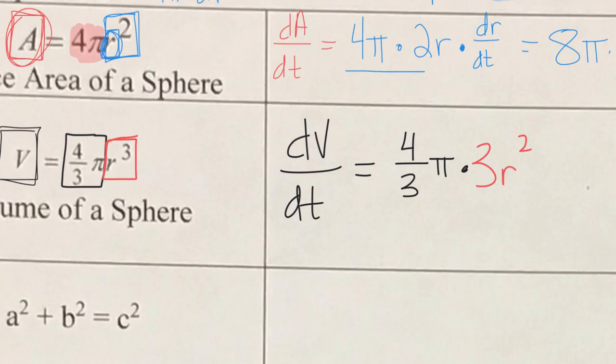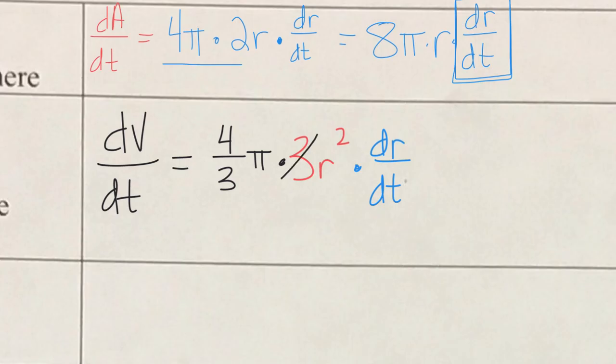And now we do our derivative with respect to time, which is dr over dt. Okay, so we do one thing at a time. We take the constant first, and then we take the derivative of r cubed second, right? So this is the derivative of r cubed, and then we multiply it by our rate with respect to time. Okay, so what can we simplify here?